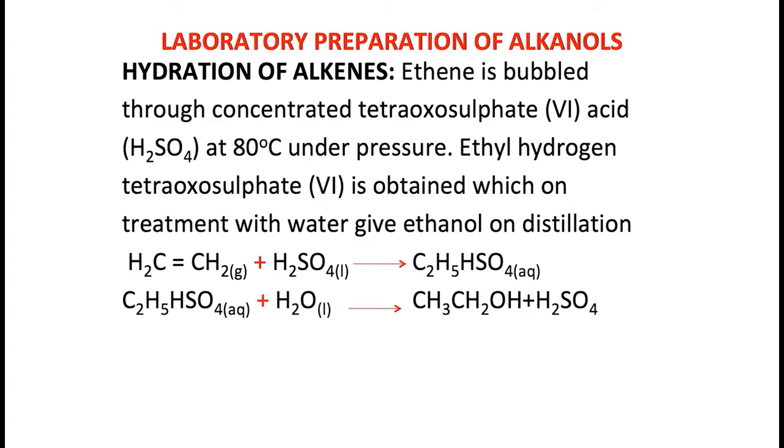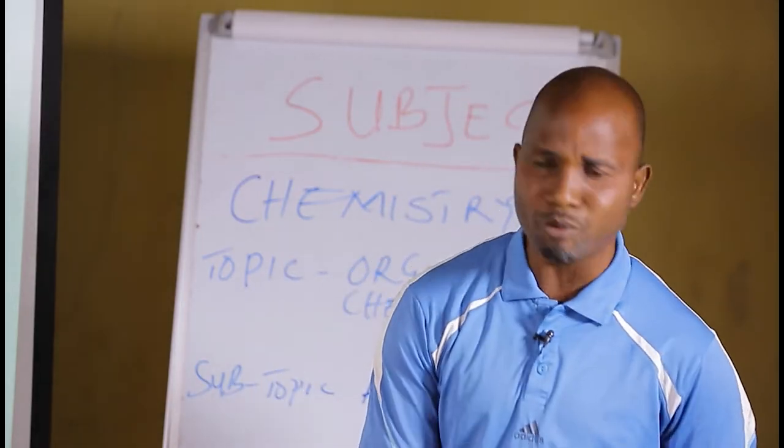It is the ethyl hydrogen tetraoxosulfate(VI) that is treated with water to give you your ethanol and your tetraoxosulfate(VI) acid. So we say ethene is bubbled through concentrated tetraoxosulfate(VI) acid at a temperature of 80 degrees centigrade under pressure. And ethyl hydrogen tetraoxosulfate(VI) is obtained, which is treated with water to give ethanol on distillation. That's how you can get ethanol in the laboratory.